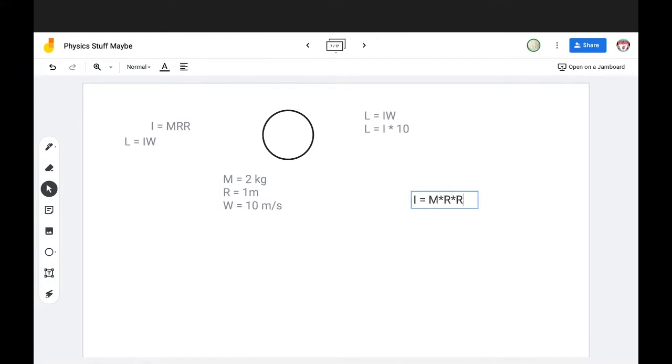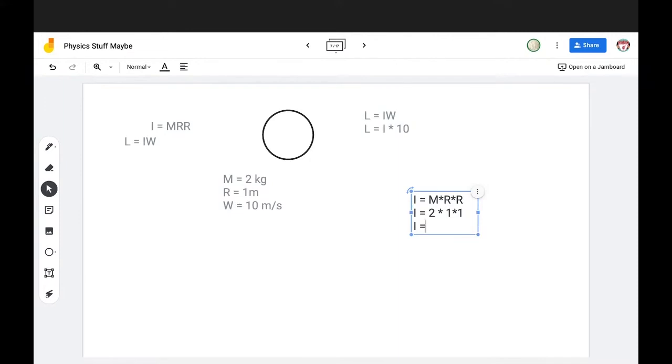Our mass is 2 kilograms. We're gonna multiply that by our radius once, times 1, and we're gonna multiply by the radius again. So there are 2 r's. So then we get our I to equal 2.